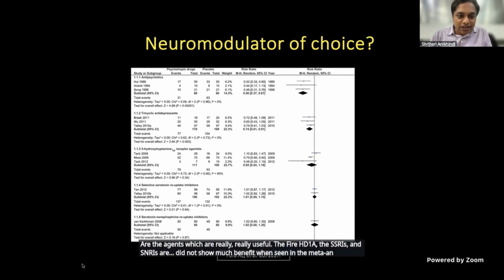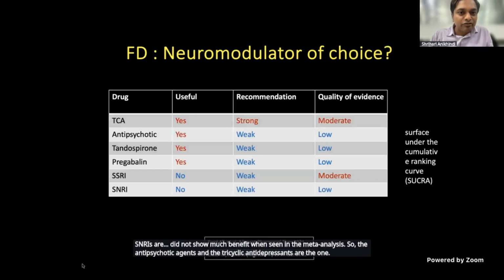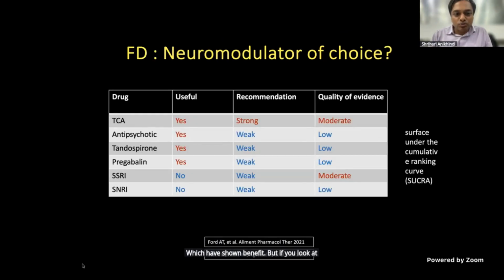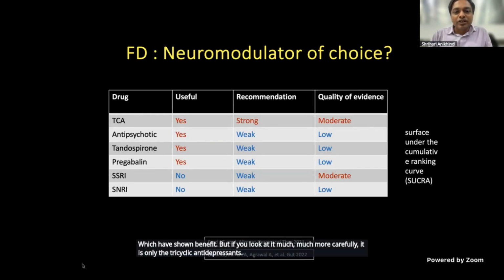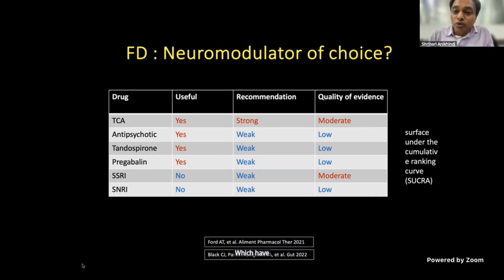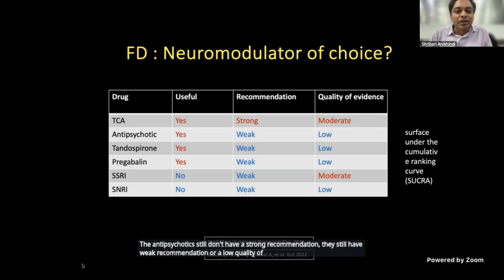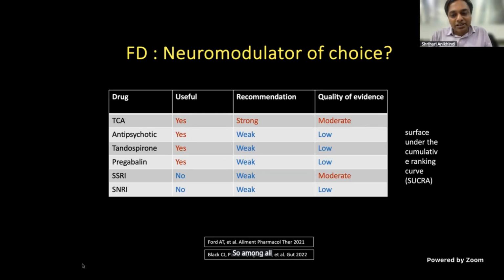But if you look at it much more carefully, it is only the tricyclic antidepressants which have a moderate quality of evidence and strong recommendation. The antipsychotics still have a weak recommendation or a low quality of evidence. So among all available agents, I think as of now, only the tricyclic antidepressants really help in refractory dyspepsia.